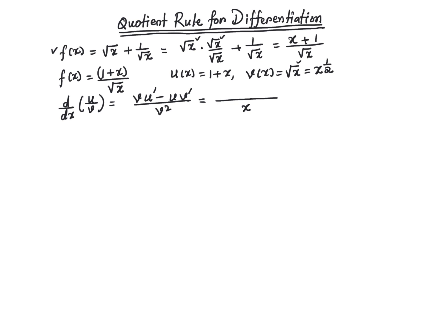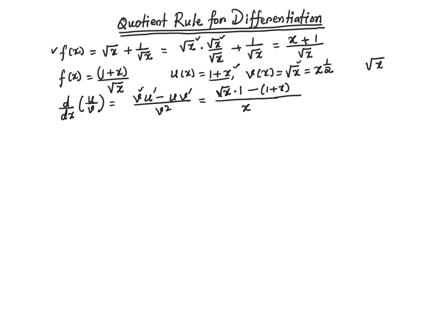Now in the numerator, v times the derivative of u. v is square root of x. Now the derivative of u, which is 1 plus x, is just 1, so I don't need to worry about it. I can multiply it by 1, minus u, which is 1 plus x, times the derivative of square root of x.